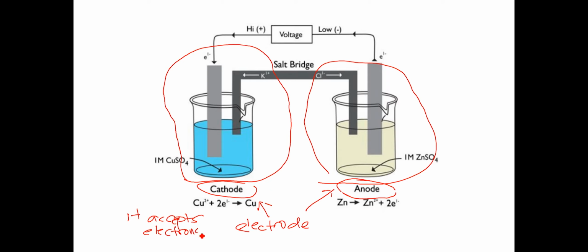However, the anode gives off electrons. So again, for spontaneous processes, the anode is where the electrons come from. It gives off electrons, and the cathode accepts the electrons. So, ang role ng salt bridge, however, is to maintain the equilibrium of the ions on both sides.